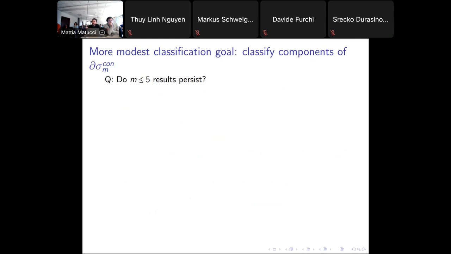The first question is, does the result for n less than or equal to 5 persist? It was not known whether that would be yes or no. We knew the second could not persist, but we didn't know how far out we had to go. Do we have to go to m equals 15 or 14? That's actually an important number because there's a phase transition at 14 and 15.